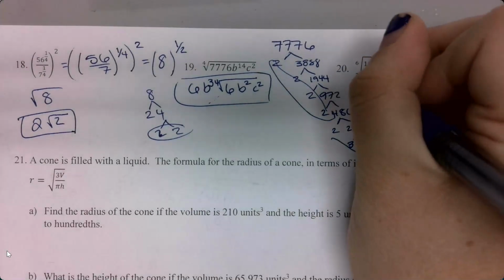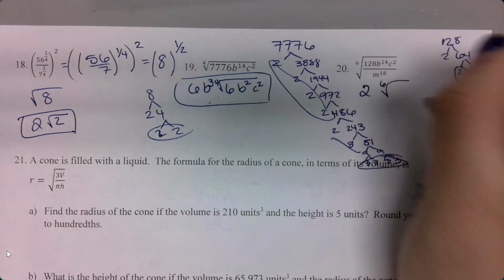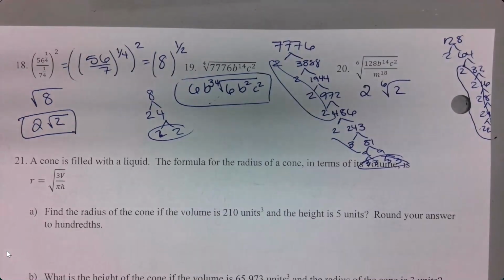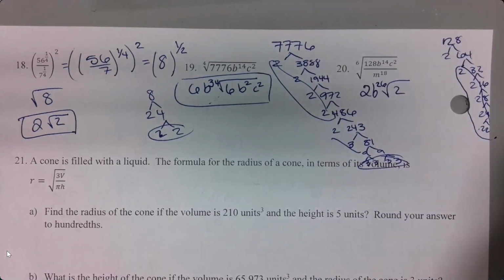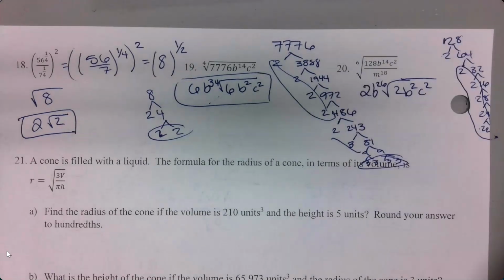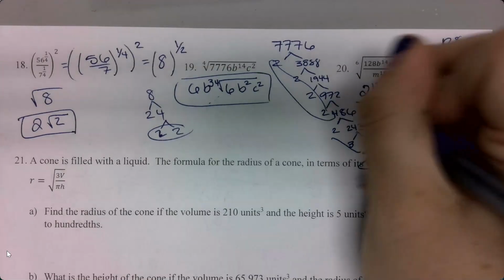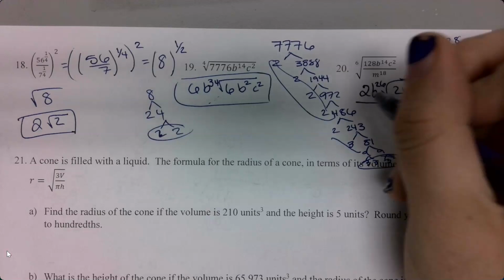So I can pull out that. Inside my radical, I still have 2. For my b's, I can take out 12, which turns into b squared on the outside. And I'm left with 2 on the inside, and 2 c's on the inside there. On my denominator, I can take exactly 3 groups of 6 out for my m's.